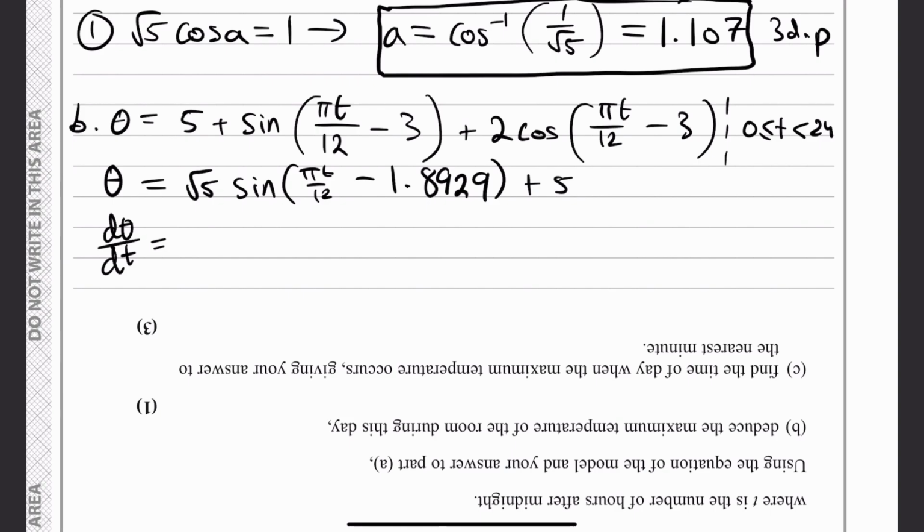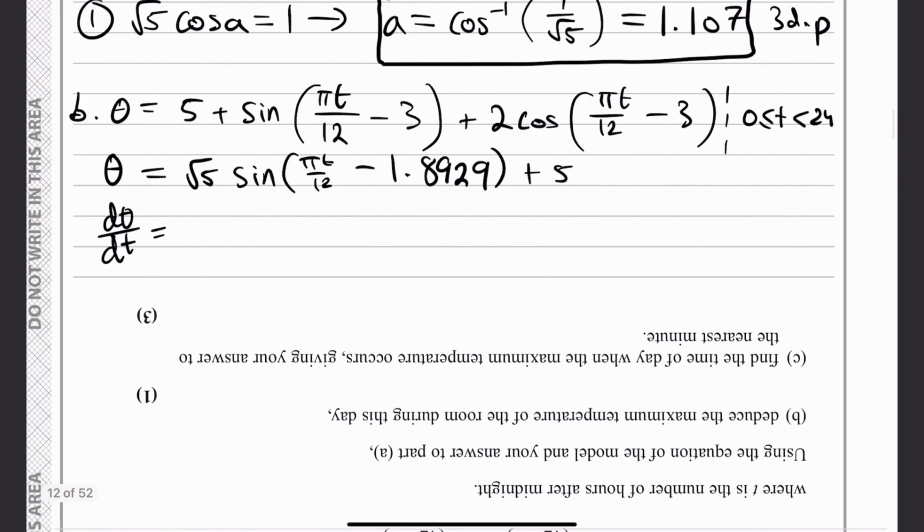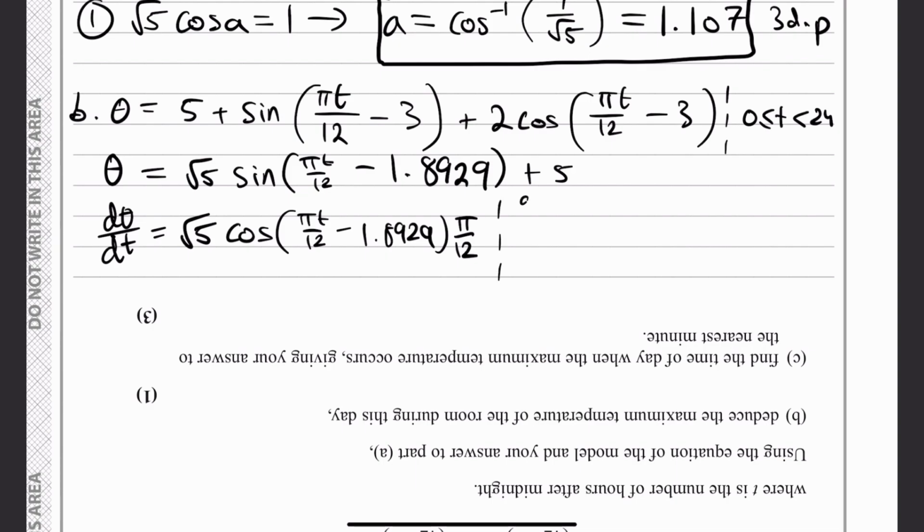So the 5 is just going to disappear, and the sine is going to turn into root 5 cos of pi t over 12 minus 1.8929, multiplied by the derivative of the inside, which is just pi over 12. And we want to see when that's equal to 0, d theta over dt equal to 0.